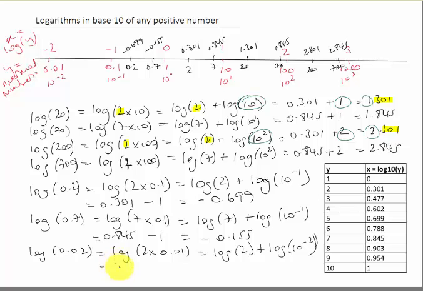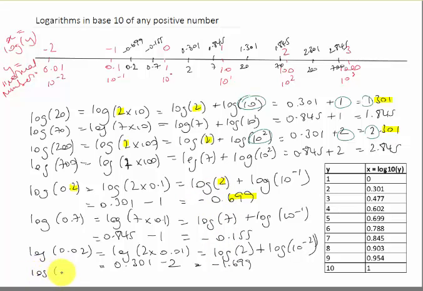So that would be 0.301 minus 2, or minus 1.699. So you'll notice this 699, again, is the same, because that corresponds to 2. And then the order of magnitude is taken care of in front of the decimal place.